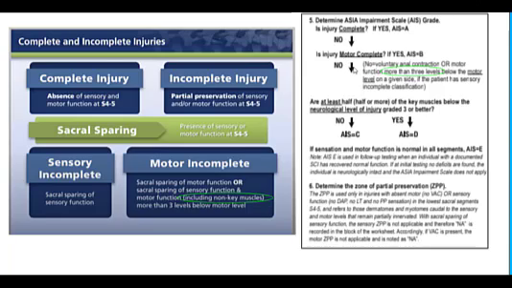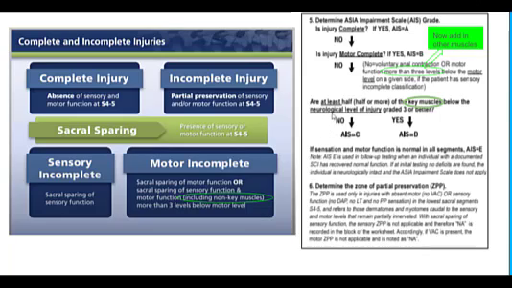Now, if not, if there's no voluntary anal contraction or motor function more than 3 levels below the motor level on that side, now we have to make sure that we're adding in some of those other muscles to see if there's any motor function more than 3 levels below that motor level. So we're going to go over the chart that helps you look at that in just a second.